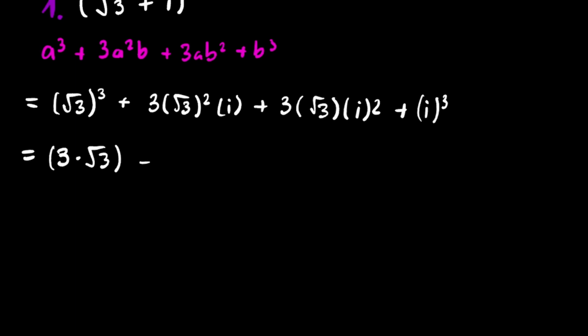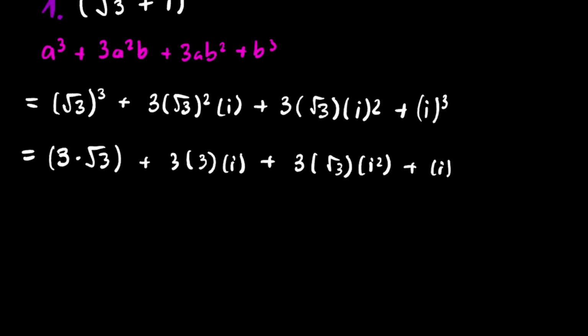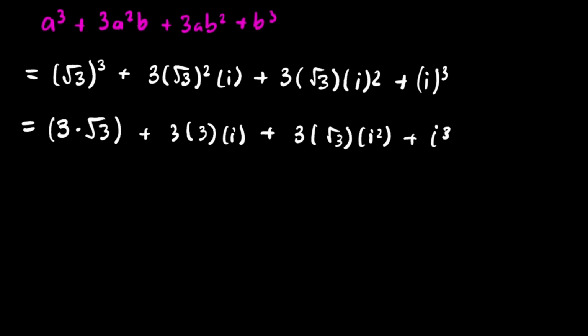Well, hold on, that's going to be 9 actually. So it'll be 3 times 3 here, and then I, 3 square root of 3, and then I squared plus I cubed.